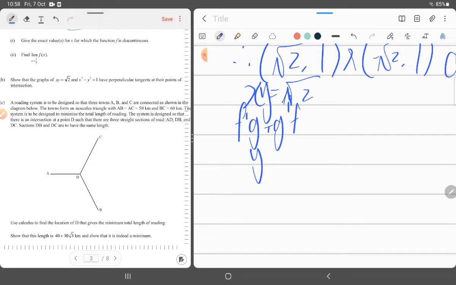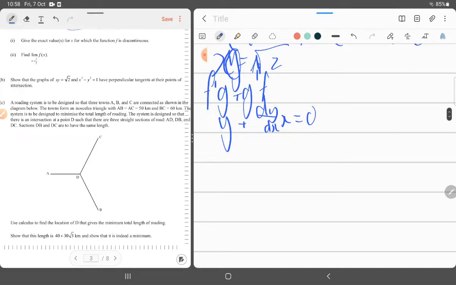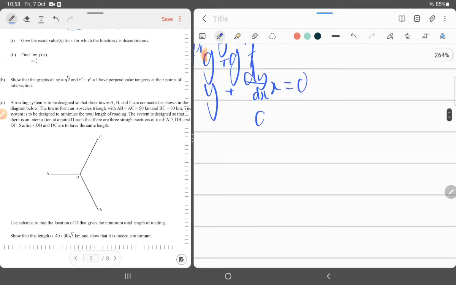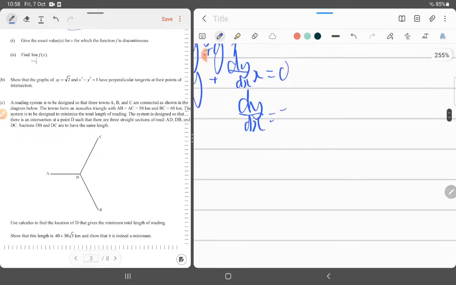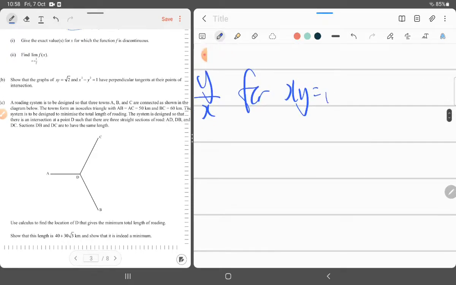G dash will be differentiating y, which is dy over dx times x is equal to 0, since deriving a constant will be 0. Oh wait, actually negative y over x equals square root of 2.